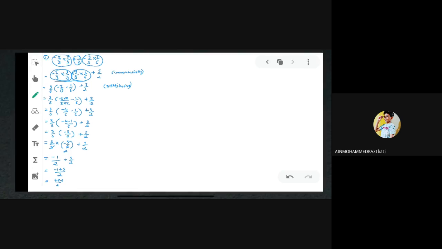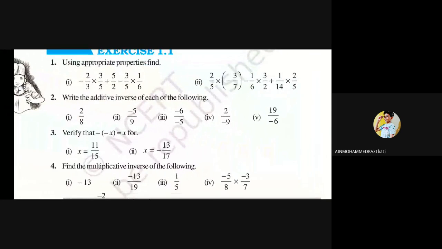Okay, now you can see the second question. The second question is 2 by 5 into minus 3 by 7 into minus 1 by 6 into 3 by 2 plus 1 by 14 into 2 by 5. I am writing the question on the live board. Please see.